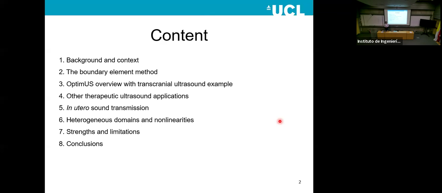I'm going to talk to you also about how we can, in some scenarios, generalize this to heterogeneous domains and nonlinearities. More on that later. And overview the strengths and limitations of our approach, and then offer you some conclusions.